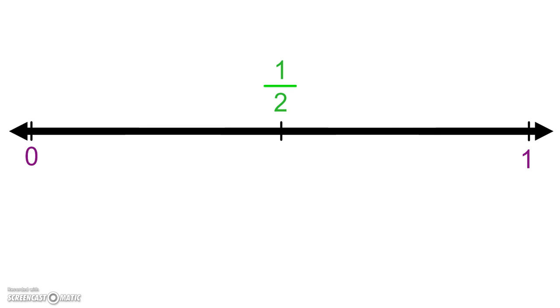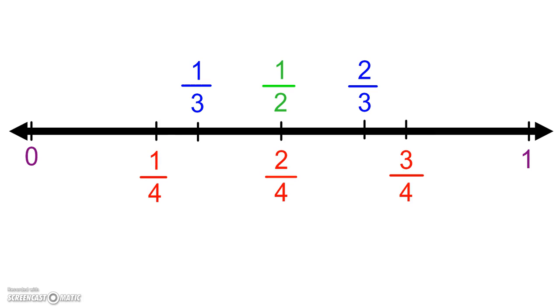1/2 is often used to make comparisons. Here are some other benchmark fractions. We can compare 1/3 to 1/2. 1/3 is less than 1/2 because it's closer to 0. Likewise, 2/3 is greater than 1/2 because it is closer to 1. Let me add the fourths to our number line.